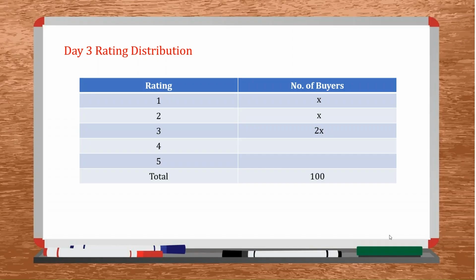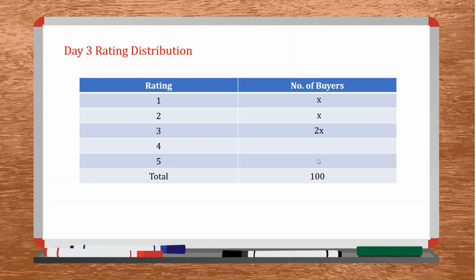So if x is 10, then the sum of the number of buyers who have given rating 1, 2, and 3 would be 10 plus 10 plus 20. That would be 40. And then I know that the number of buyers who have given rating 4 and 5 is the same. So it would be 30 each, which also happens to be the mode for this particular distribution.